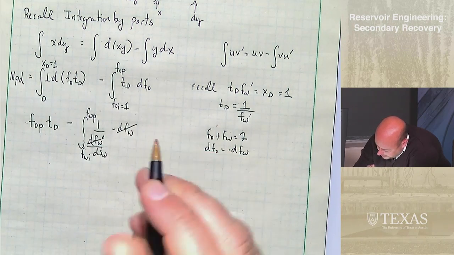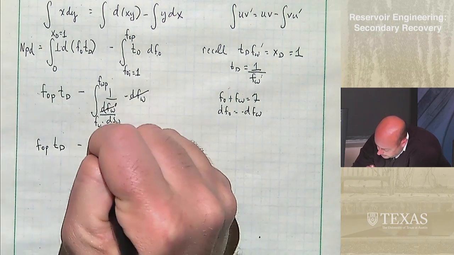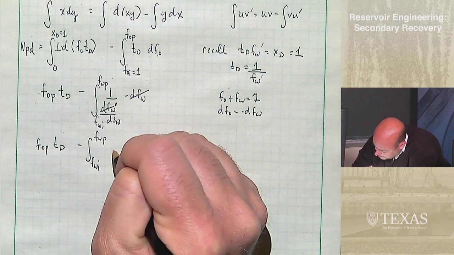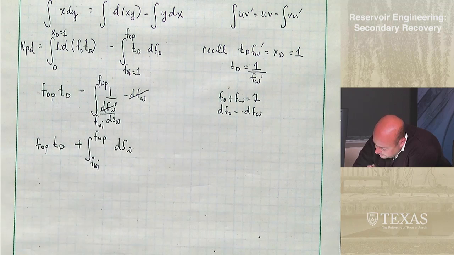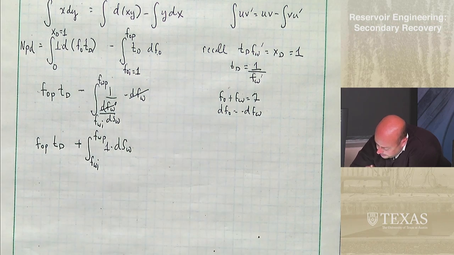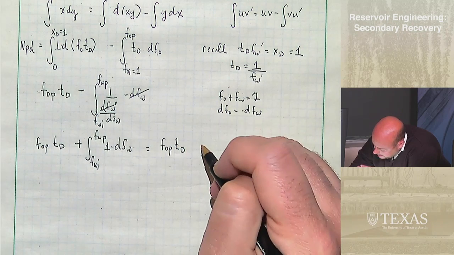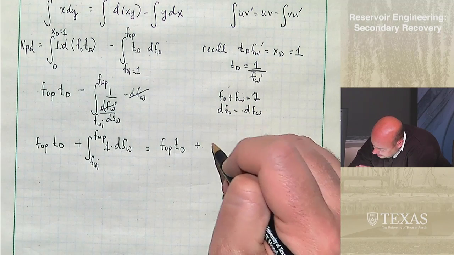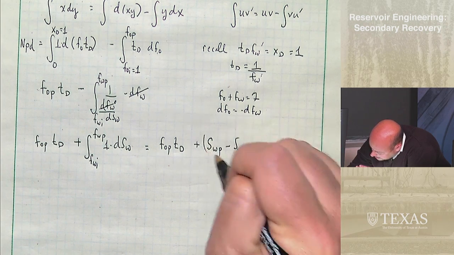And then this DFW can cancel with that. And now I'm left with FOP TD minus the integral from FWI to FWP. This will be a positive because that's a negative and a negative. DSW. Well, that's a really easy integral because this is 1 times DSW. So it's FOP TD plus SW at the producer well minus SWI.